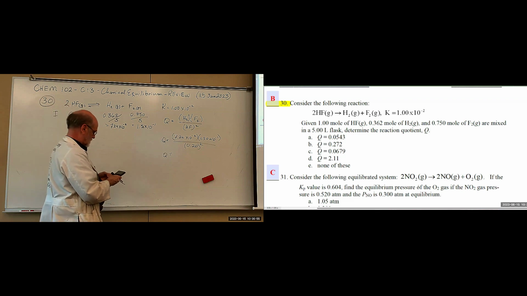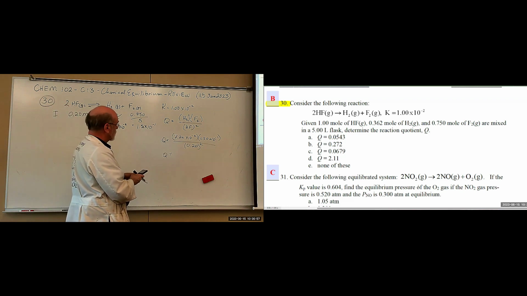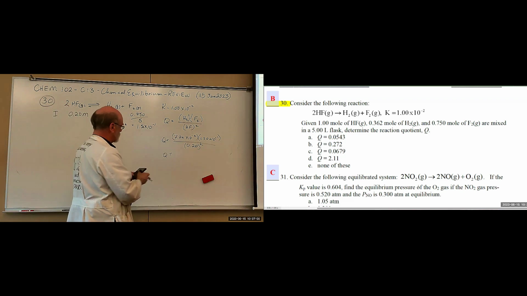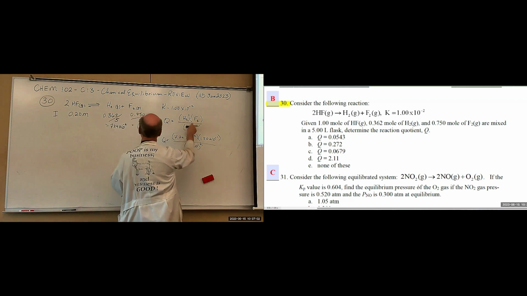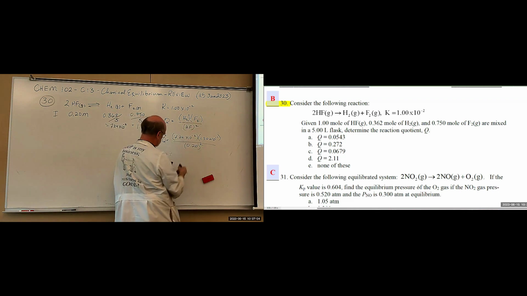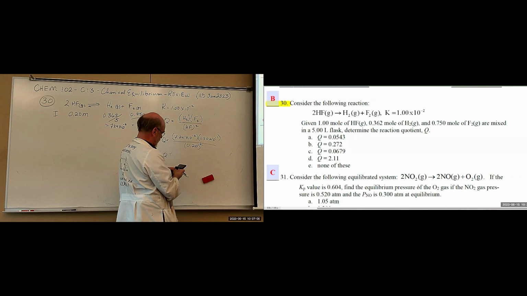Let me do it again. 7.24 exponent minus 2 here. First power, second power. 1.5 exponent. Oops. 7.24. Okay. Then 1.5 exponent.